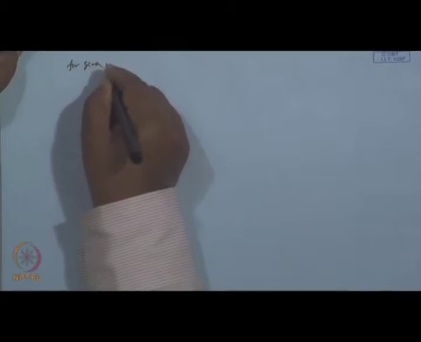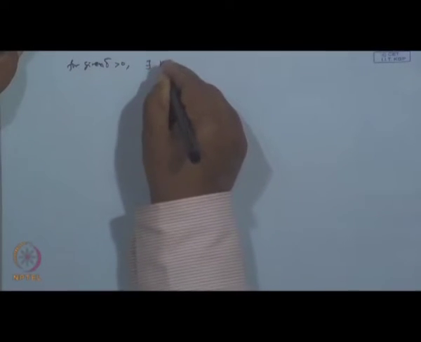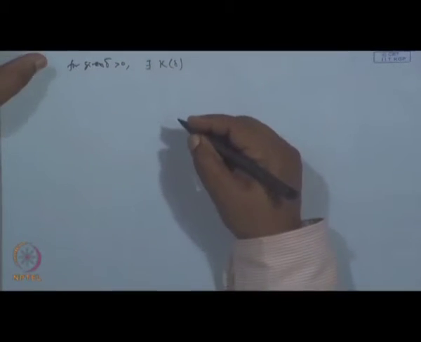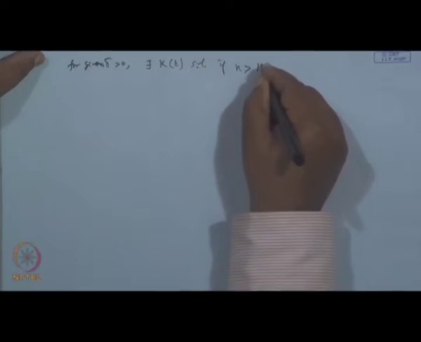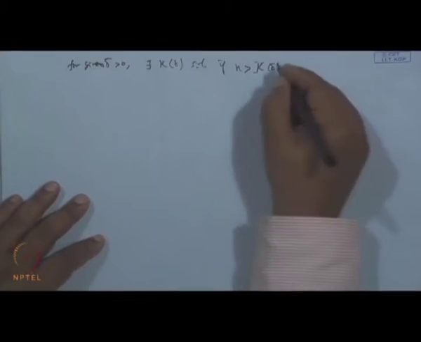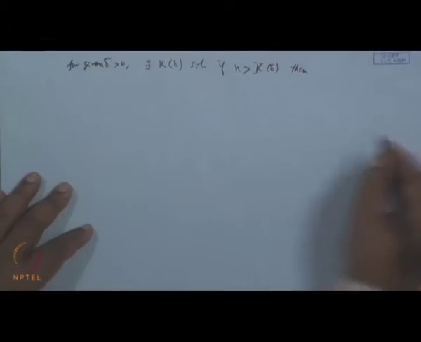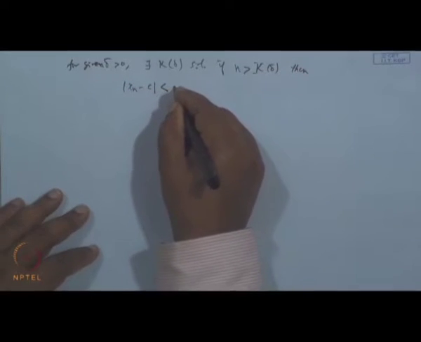So, by definition, for a given delta greater than 0, there exists a K depending on delta such that if n is greater than K, then mod of x n minus C will remain less than delta.